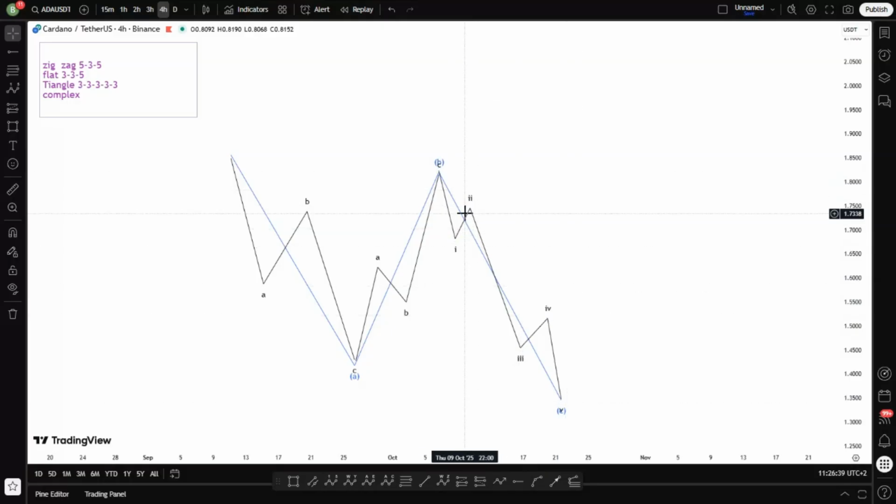So these are the typical levels that you can use in the wave B retracement, and then to anticipate the wave C movement, we need to use our Fibonacci extension level.